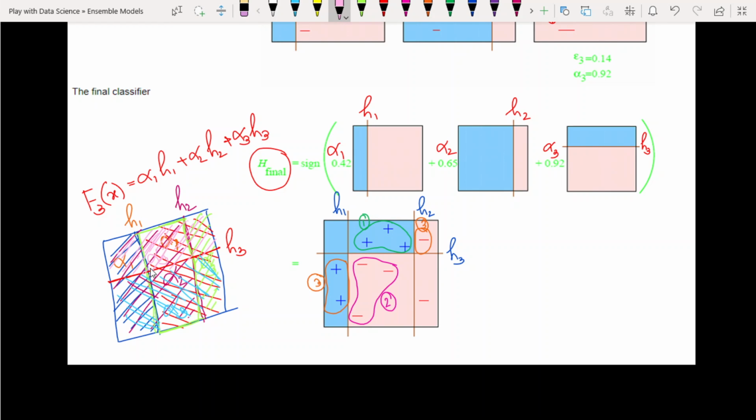So this region is positive, so already these things are positive for H1, for H2, and also for H3. Don't be confused by this area. Also this area: H3 says that this area is negative, and H1 and H2 say it will be positive.